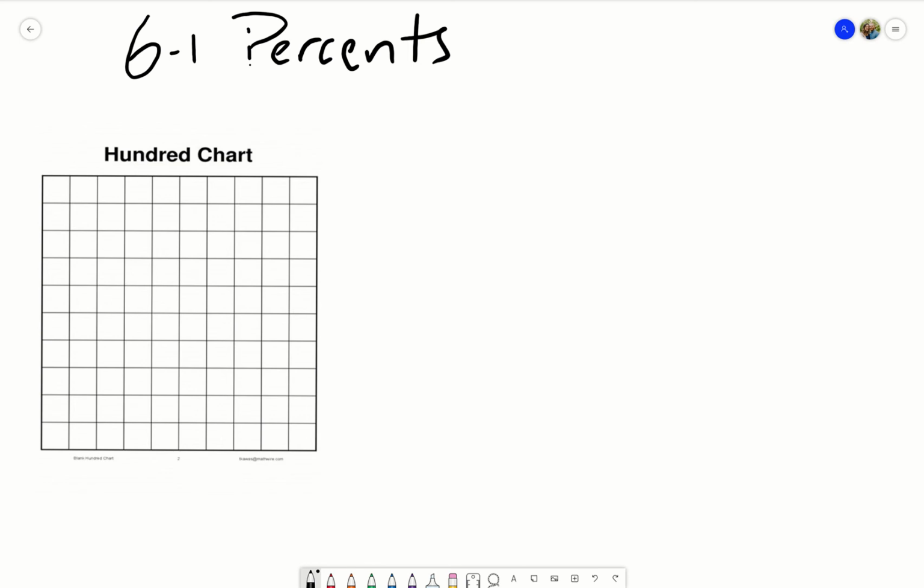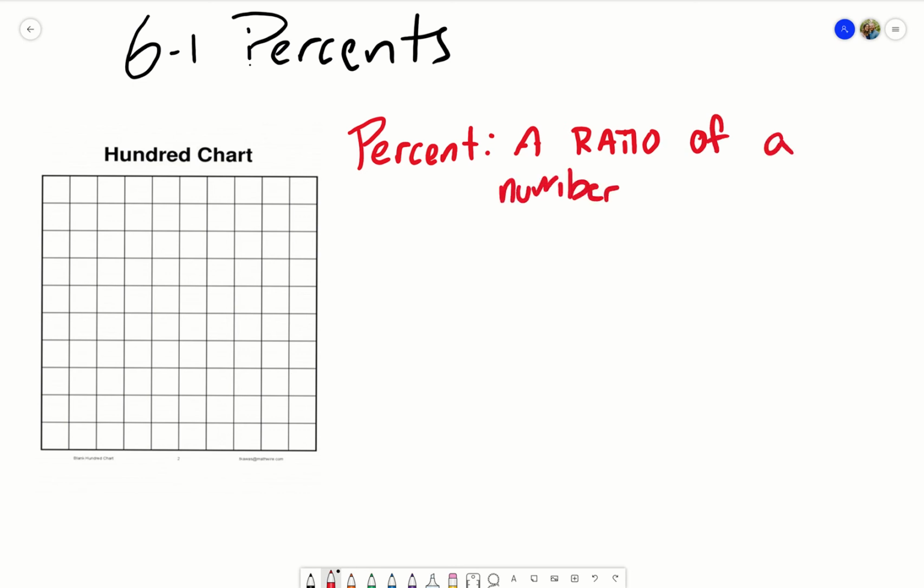And so if we were to think about defining the word percent, we could say this is a ratio of a number to 100. It's a ratio of a number to 100. So if you had 100 of something, it's how many of that thing you would have, right?